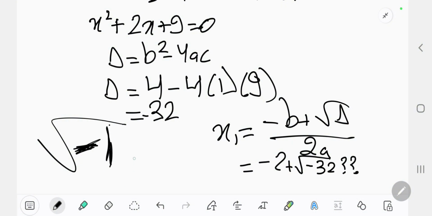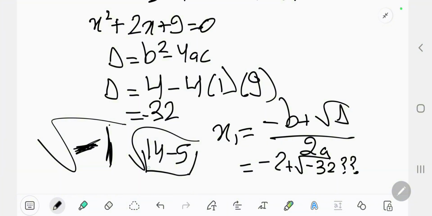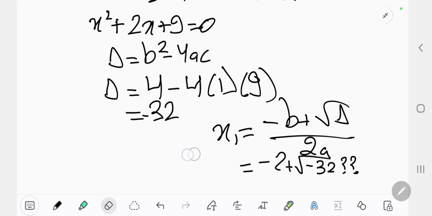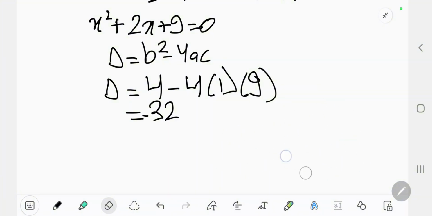Okay, you can put radical 14 minus 5. That's possible because the entire answer is positive, it's not negative. But you cannot have radical of minus 14 plus 5. That's impossible. You cannot put any negative number under the radical, and that's why it's not possible to have any solution. So this has no real solution because there's literally radical minus 32.